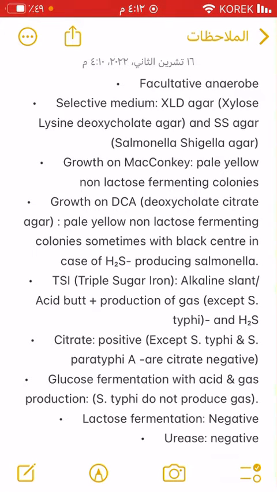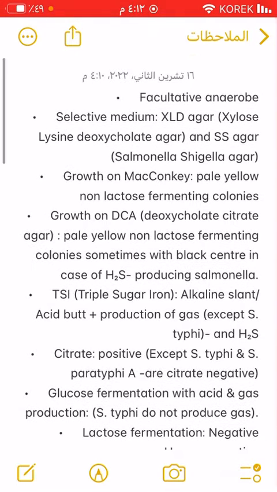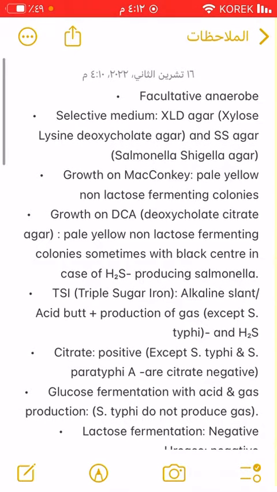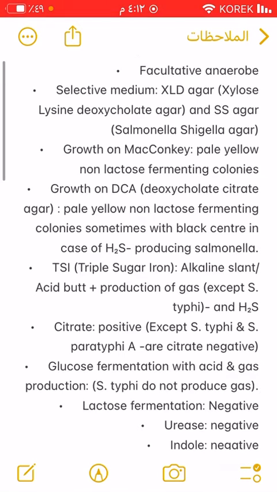First of all, Salmonella is a type of bacteria. We have more than 1,500 types of Salmonella. It's a medically important bacteria that causes septicemia or sepsis, and it causes gastrointestinal infection.